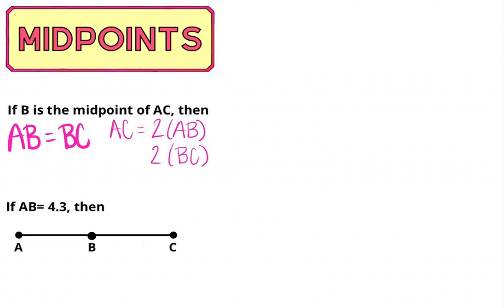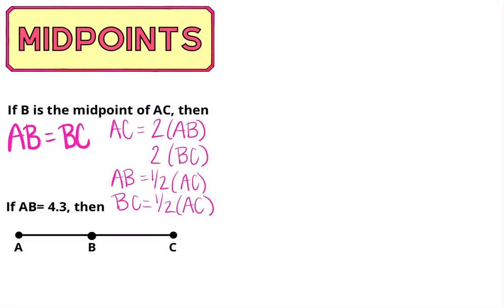Because they're equal, you can multiply one of them by 2 and that gives you the whole thing. Or you can say AB is 1/2 of AC, or BC is 1/2 of AC. Those are all the relationships that come when B is the midpoint.